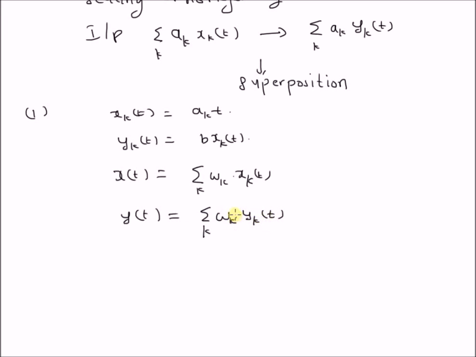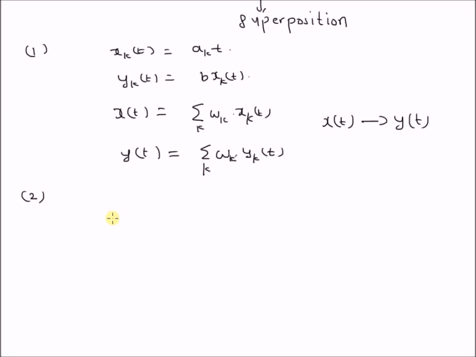So if this is the output for this input, then the system x of t gives y of t. Then this system is linear if the output has the same structure as the input. That is, the output is also a weighted combination of the corresponding individual outputs.